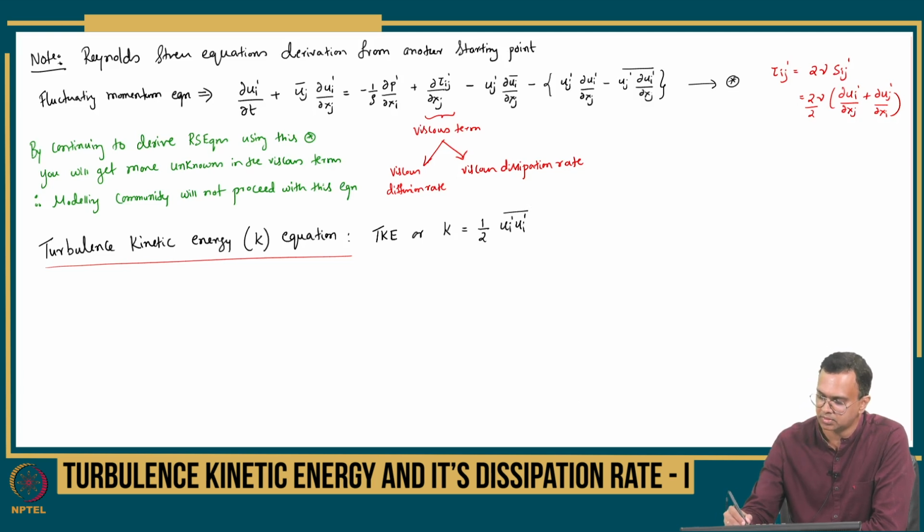Now how is this an energy? Obviously I have ui prime ui prime, so that means this is a sum, repeated index, Einstein summation.